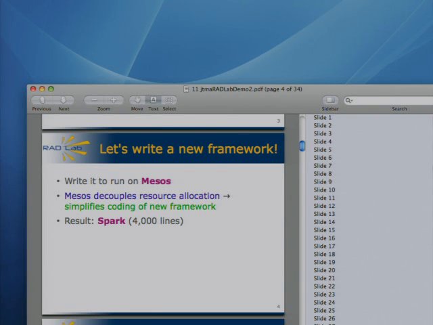The Spark code base ended up being about 4,000 lines. At least for Hadoop, the code base is about 30K lines, a lot of that dedicated to resource allocation and fault tolerance. Because of this decoupling, things were much simplified for writing Spark.